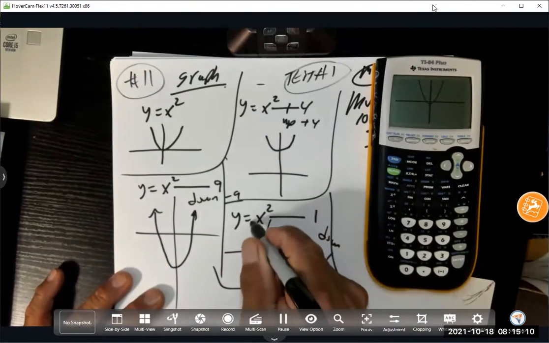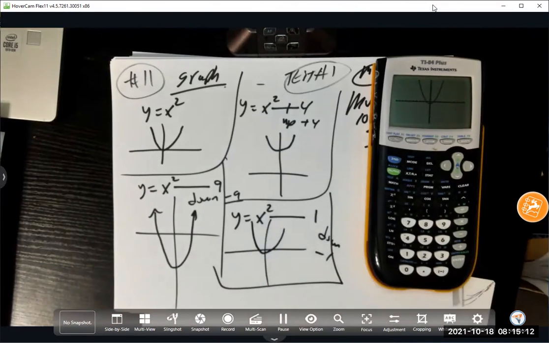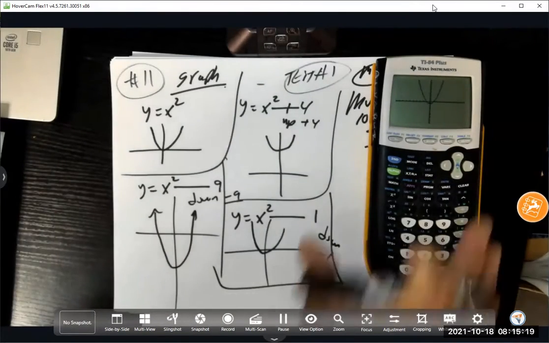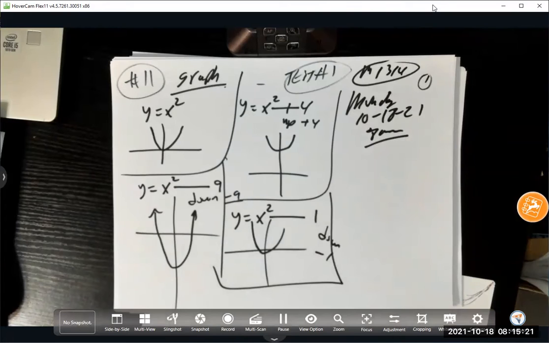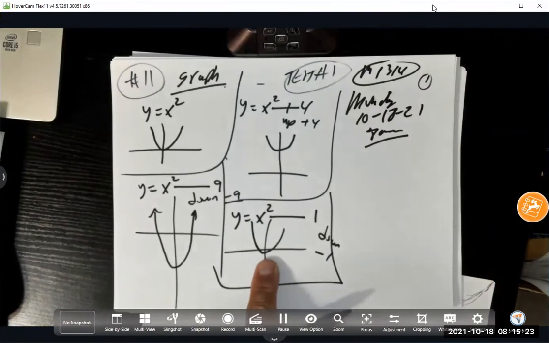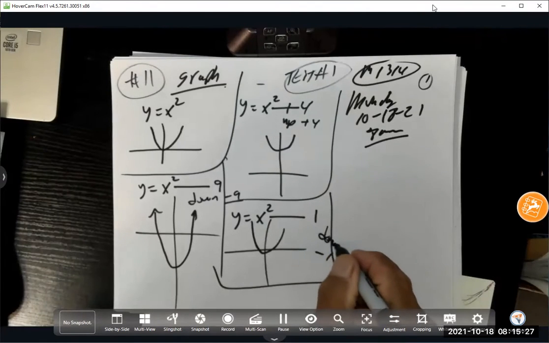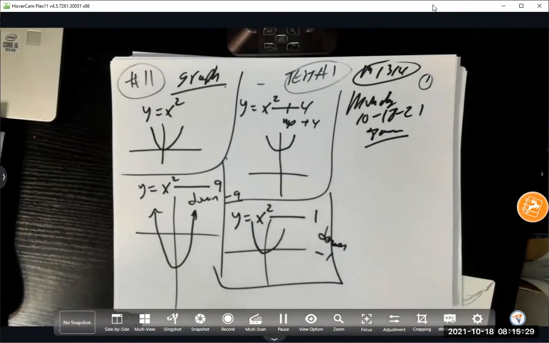So I got this graph. It just goes just under there. Comes down. Yes or no? Yes. It just went down. How many? Just 1. Minus 1. Yeah, we're good.